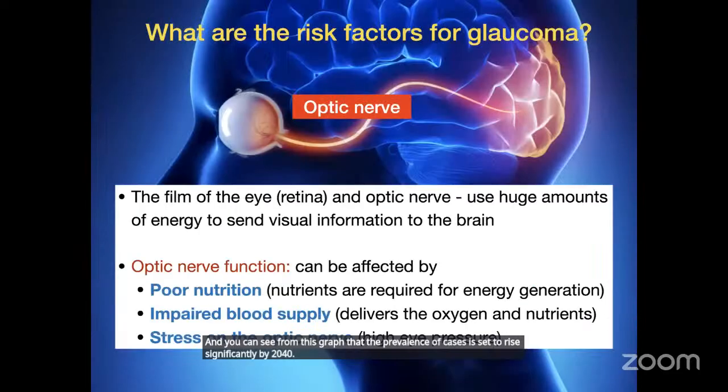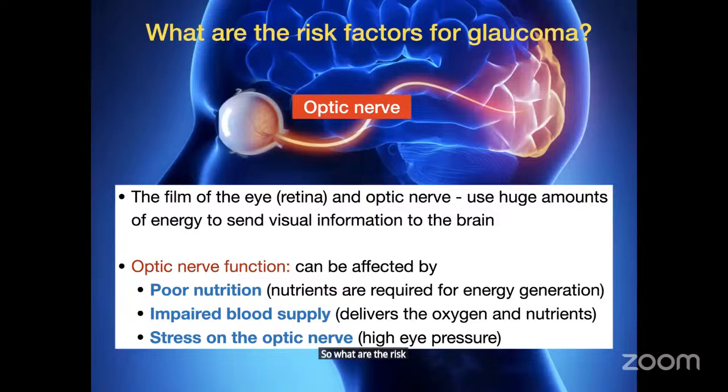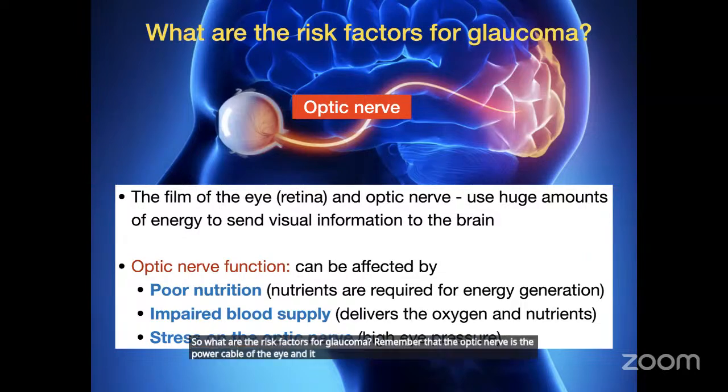So, what are the risk factors for glaucoma? Remember that the optic nerve is the power cable of the eye, and it transmits information all the way from the back of the eye to your brain. And that information the brain processes, and you interpret that as what you see in the world.